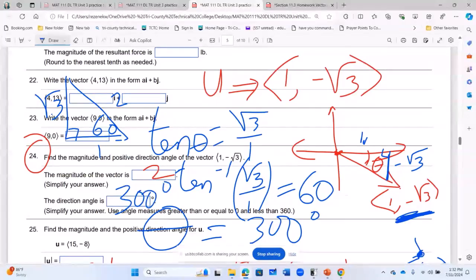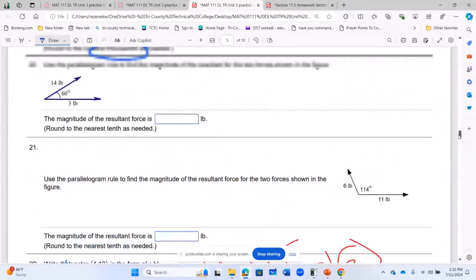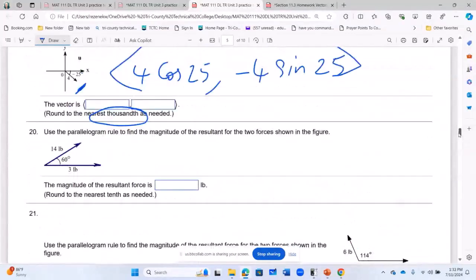So be careful when you're told to find the positive direction. They want to know that you know your unit circle, positive direction angle, and it's already in the test. We have done 2 of them, so we have tried. So the next thing now we want to do is solve problems on parallelogram law. If we can do 2 of them before the time is over.